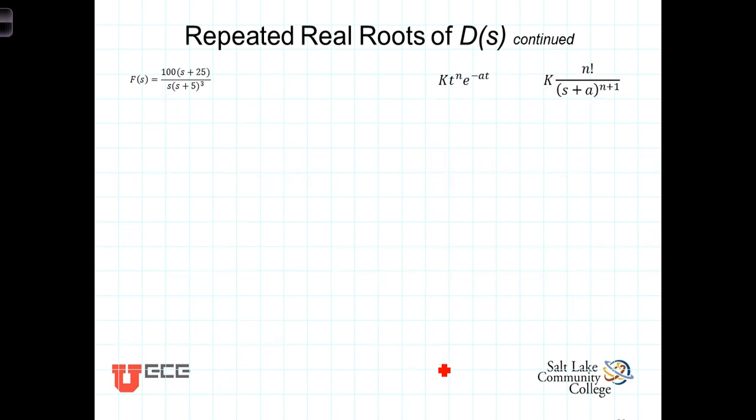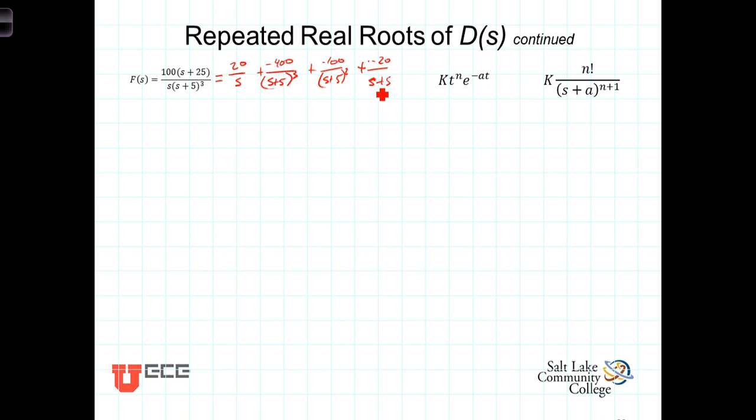With the values of k1 through k4, we can now write f of s in its expanded fraction form, which is 20 over s, plus minus 400 over s plus 5 quantity cubed, plus a minus 100 over s plus 5 squared, plus a minus 20 over s plus 5.